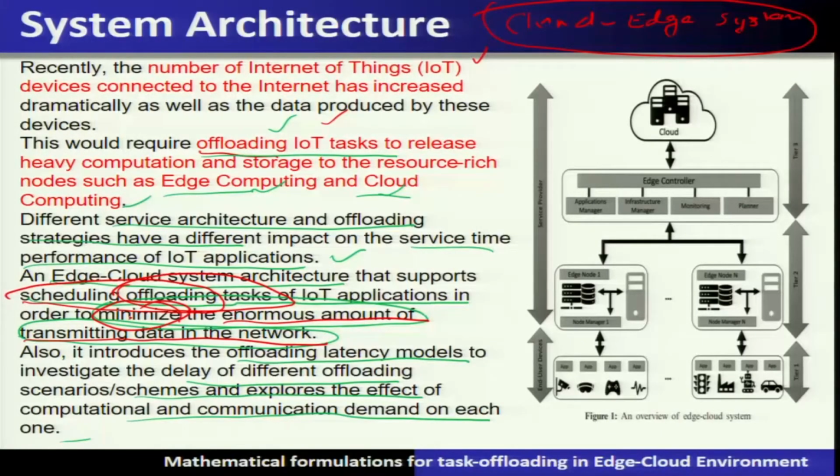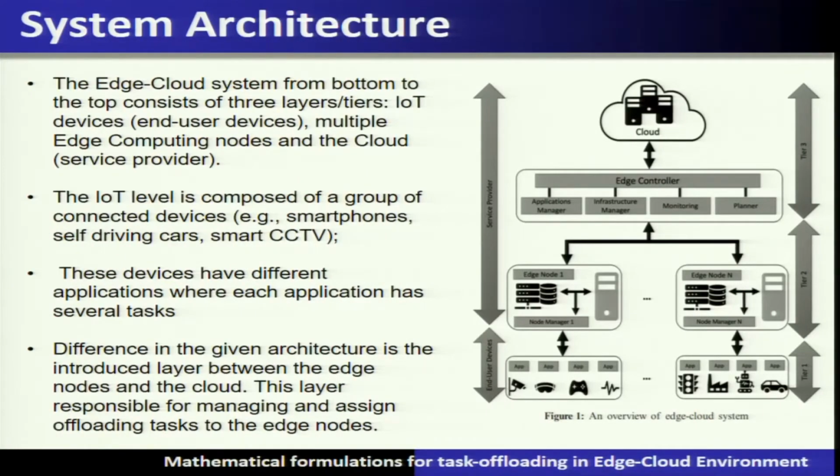So, what we are going to minimize is, how are we going to schedule the task offloading strategies under which architecture to support this IoT application, with the objective to minimize the enormous amount of data transmission on the network. How that is all possible is through this important architecture which we are going to explain in this particular lecture.